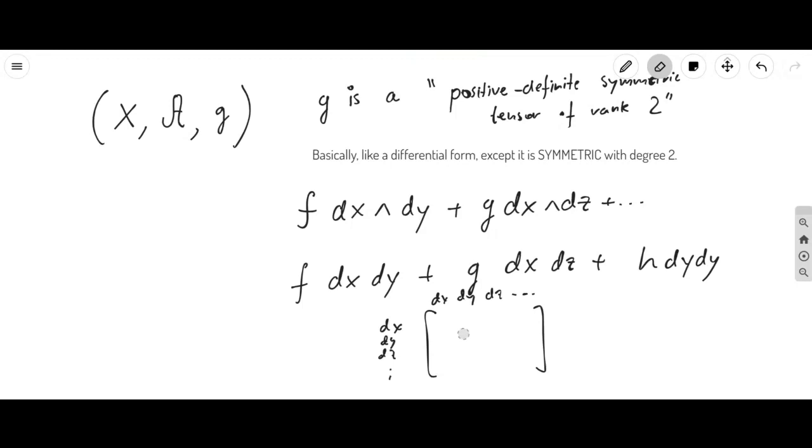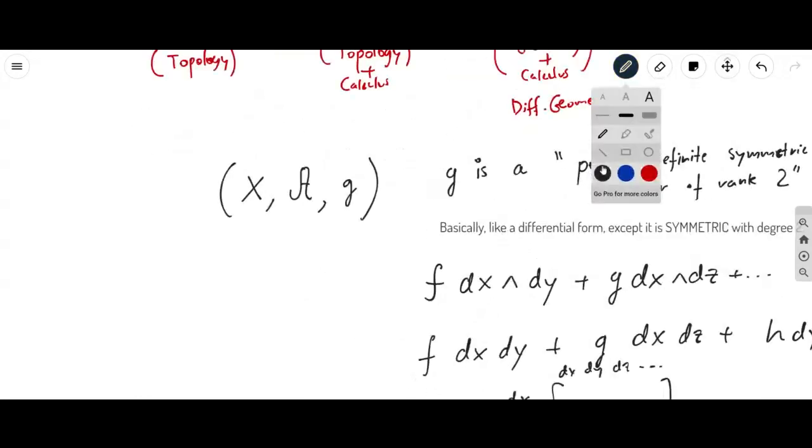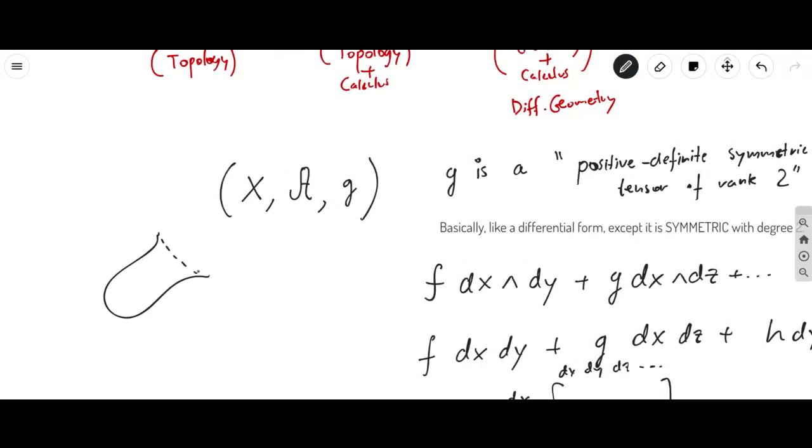And the way you can use this is, let's say this is your geometric manifold, and on that geometric manifold, you have, sometimes you call this a Riemannian metric, even though it's not a metric in the usual sense of what you think of a metric.